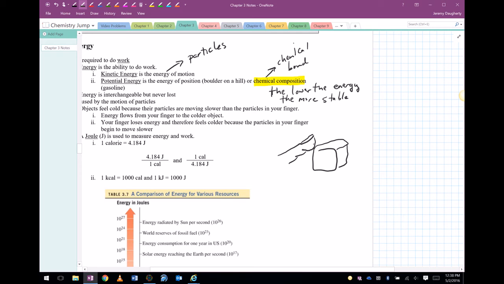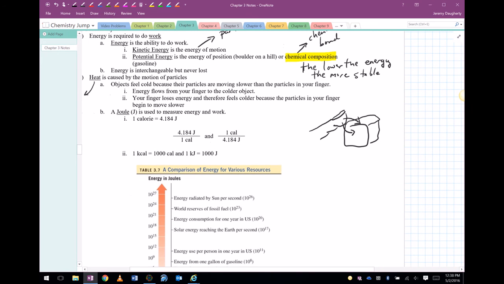Well, energy is flowing from your finger to the ice cube, because it always flows from high energy to low energy. Like when you put a spoon into boiling water, the spoon is going to get hot, right? The metal spoon, because energy flows from high energy to low energy. That's just how it's distributed.